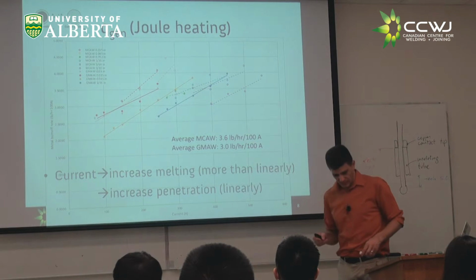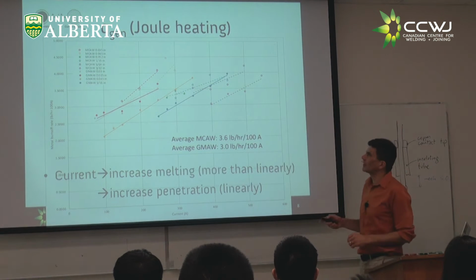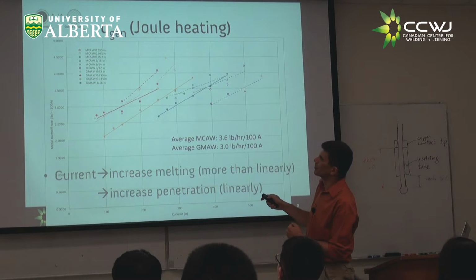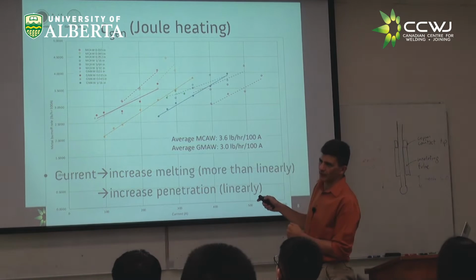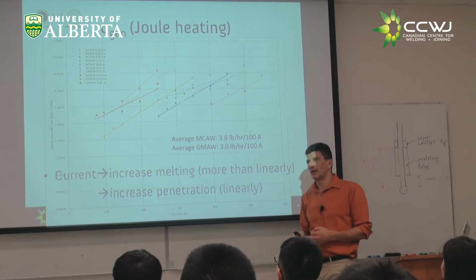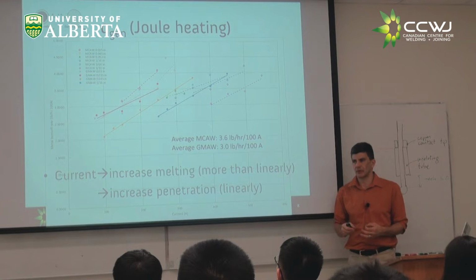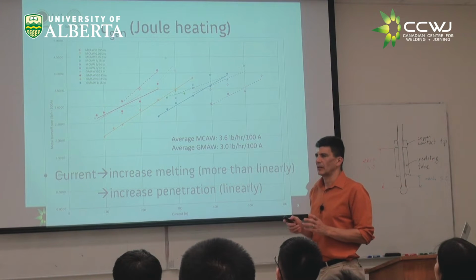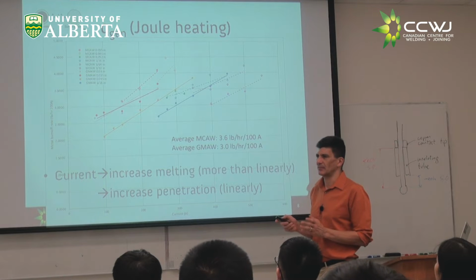So there's another thing. This is the cross-section of a MIG wire. This is a cross-section of a metal core wire. If I have two wires of the same outer diameter, they look the same to you. Which one would have a higher resistance?